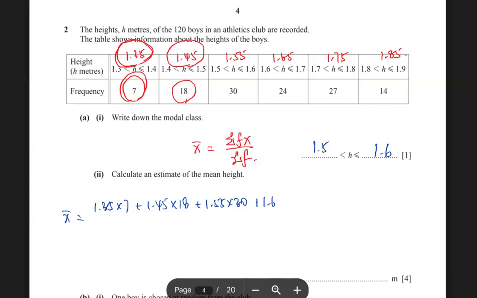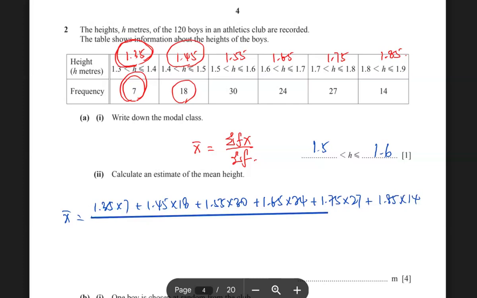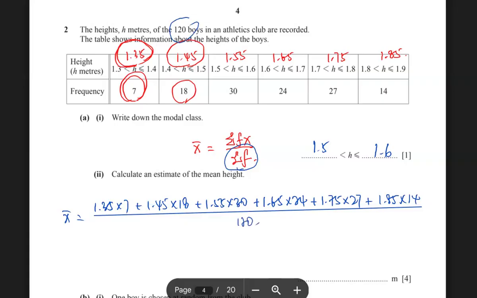Plus 1.65 times 24 plus 1.75 times 27 plus 1.85 times 40. So this is the summation of fx. Whole thing over the total number of data I have, which is 120. Then I just need to key this whole string into my calculator.